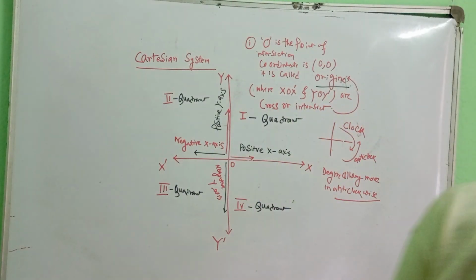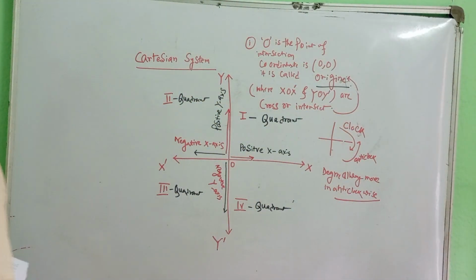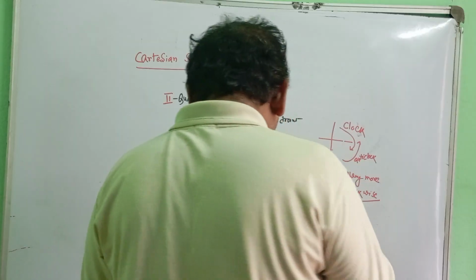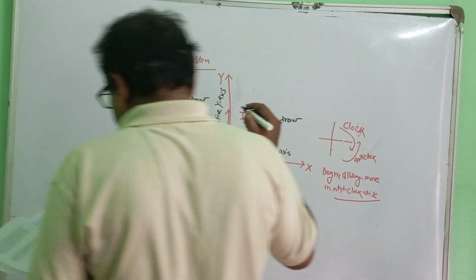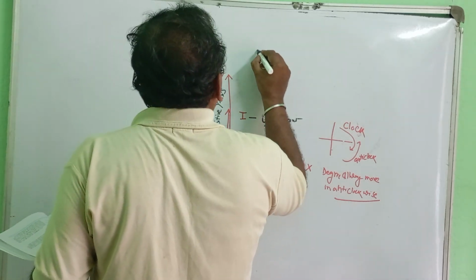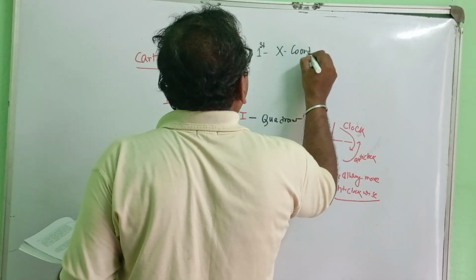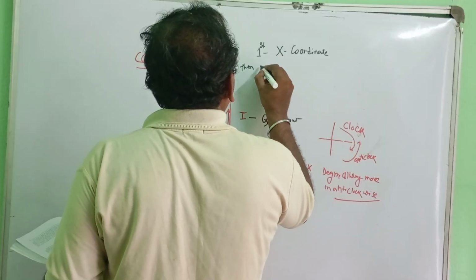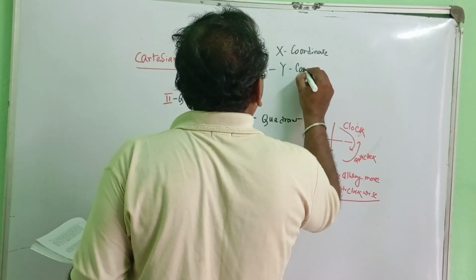Now how do we write in the Cartesian system? The most important thing is how we write in the Cartesian system. In the Cartesian system, first is the x coordinate, then second is the y coordinate.